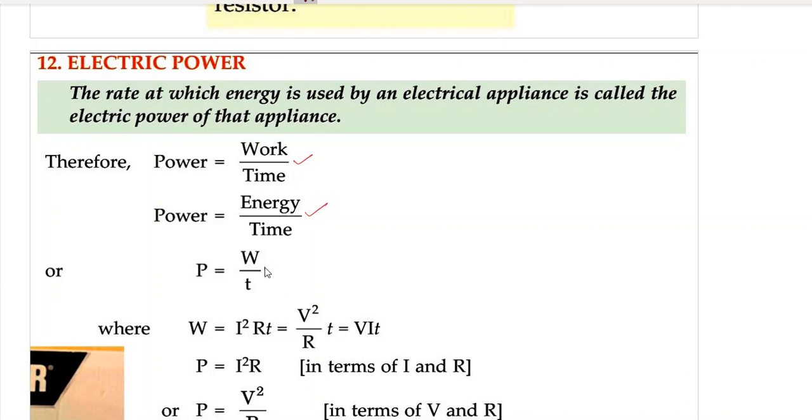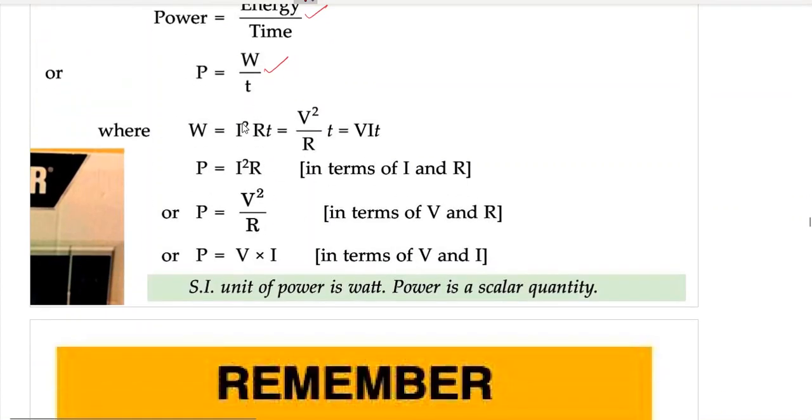So the formula of power is W by T or E by T. Now we know that the formula for work done or electrical energy is I square R T or V square T by R or V I T. So power will be I square R T upon T or V square T by R upon T or V I T by T. In all the three cases, T gets cancelled.